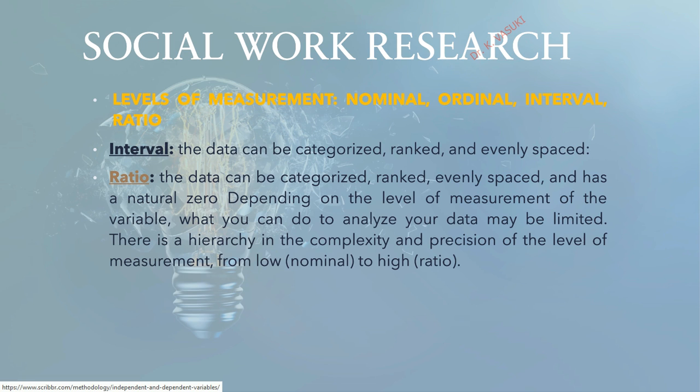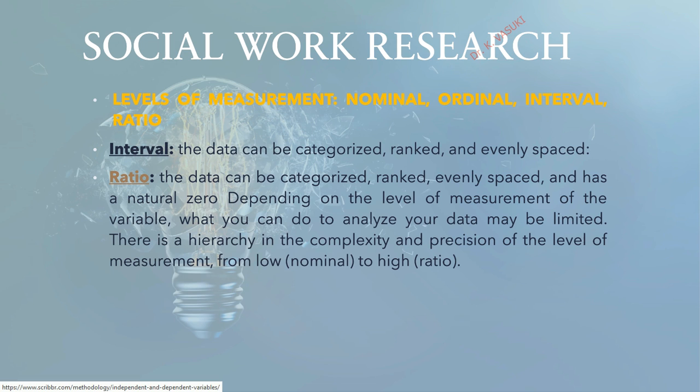The fourth one is ratio. It also has all three scales' characteristics. In the interval scale, 0 doesn't give you any value, whereas in the ratio scale, 0 gives a true value. That is the difference between interval and ratio.